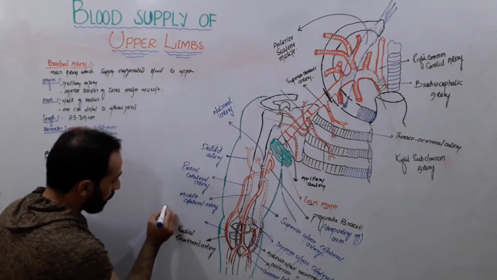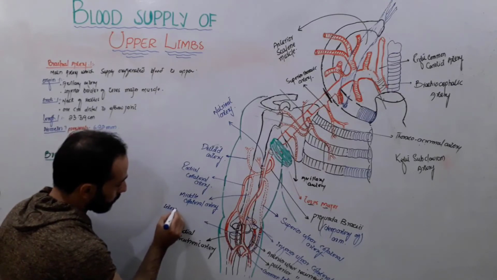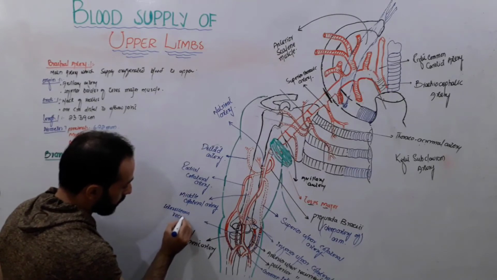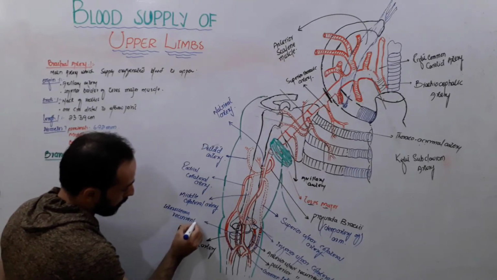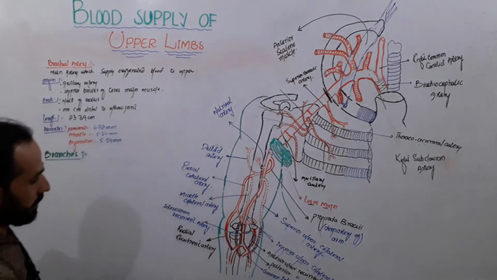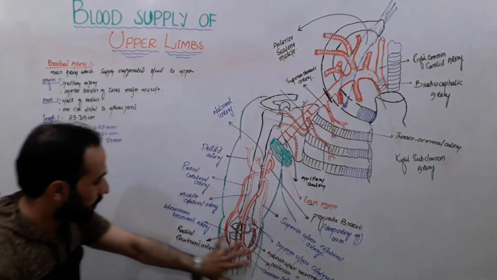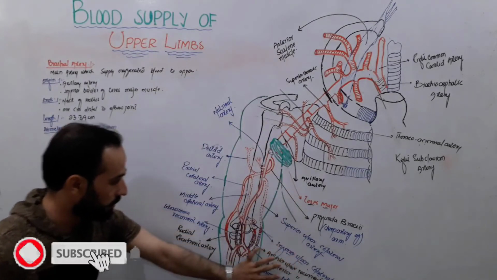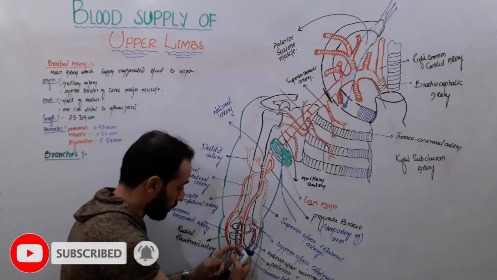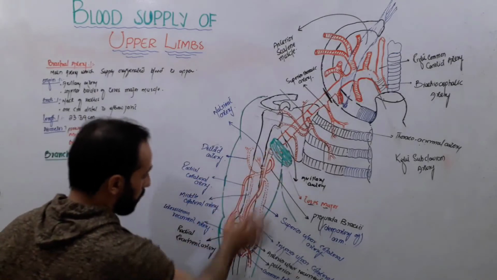So this is the interosseous recurrent artery, right friends? So look, this was about all the branches, and some anastomosis is also here. So this was about the branches of the brachial artery.